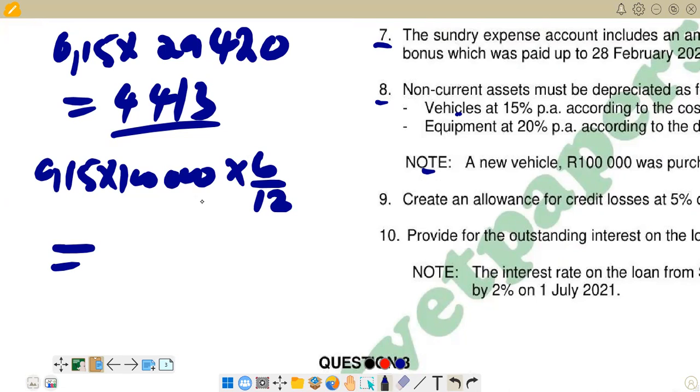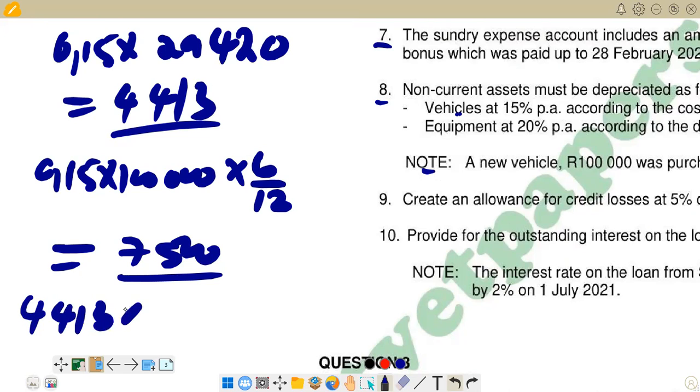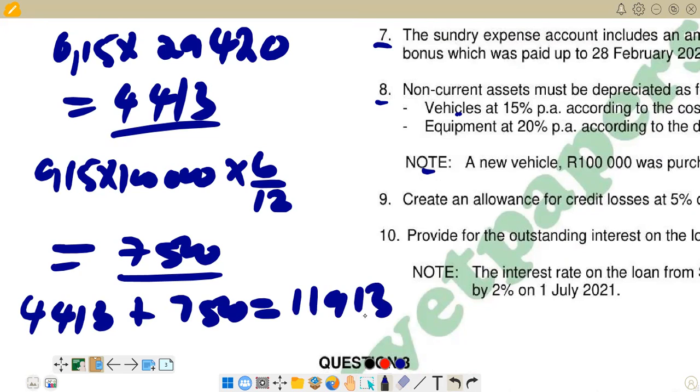So you calculate that one, you are going to get 7,500. Then the total depreciation now for vehicles, we are saying 4,413 plus 7,500. So you add the two, you are going to get 11,913. So this is depreciation for vehicles.